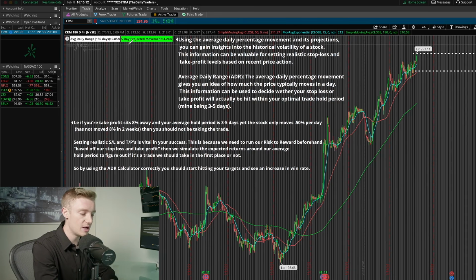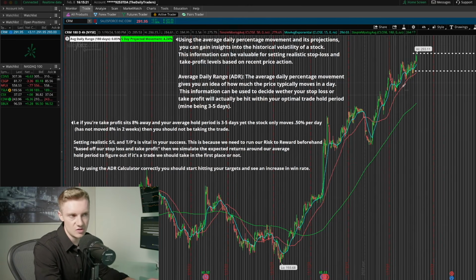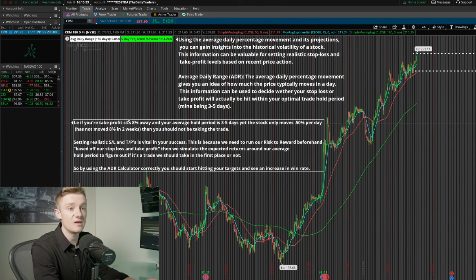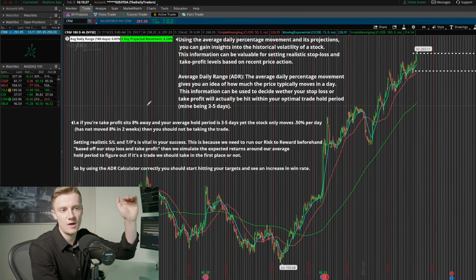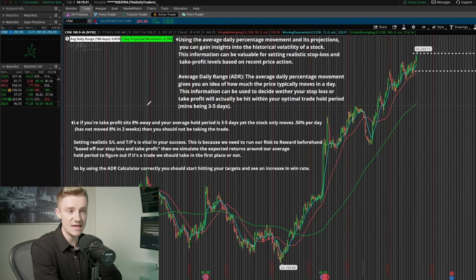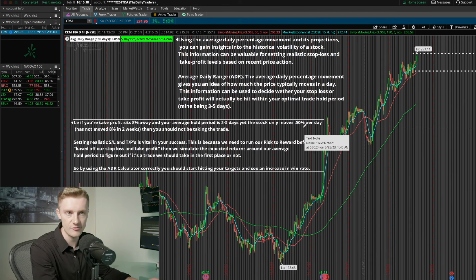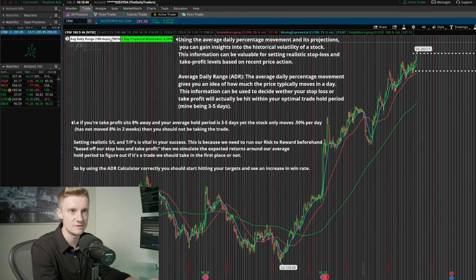Now, when it comes to setting realistic targets, I'm going to give you an example. Let's say this is just a theoretical trade, and don't even look at the chart. Let's say your take profit sits 8% away, and your average hold period is between 3 to 5 days. Yet the stock you're looking at only moves on average 0.5% per day, which we can see based off the white box right here.